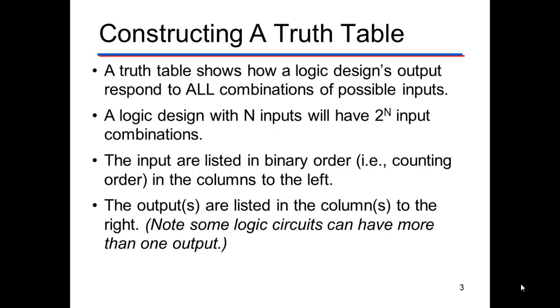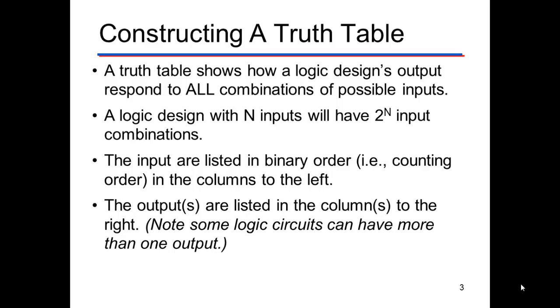If there are 2, you'd have 2 to the 2, 2 squared, that'd be 4. 3 inputs would be 2 to the 3rd, or 2 cubed, that'd be 8. You get the idea. The inputs are listed in counting order, starting with 0 and going to either 1 or 3 or 7 or 15, whatever you need.